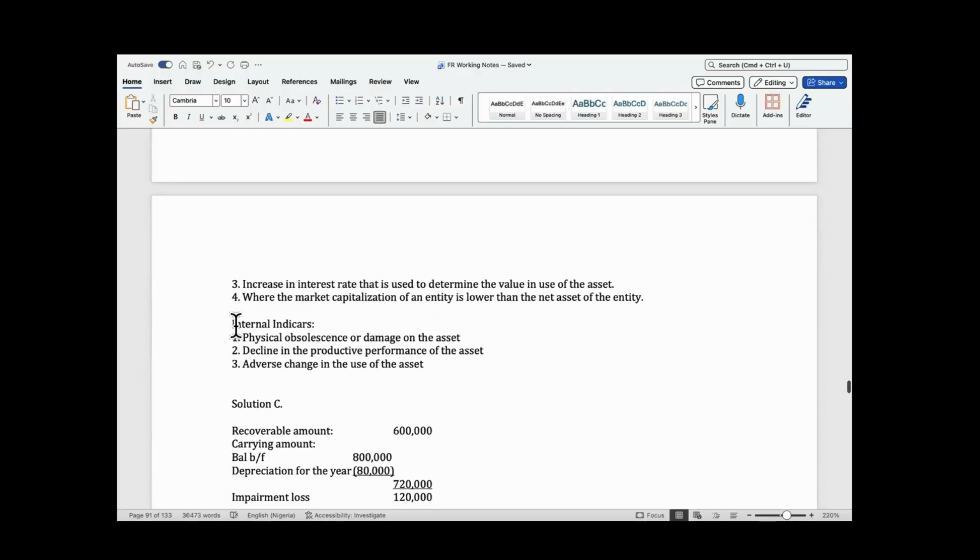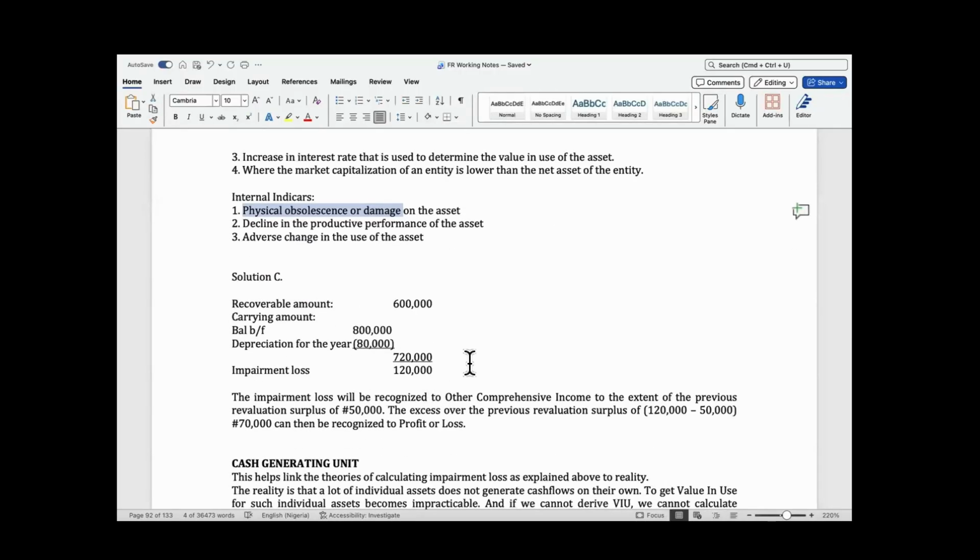And when you look at the internal indicators, we're talking about physical obsolescence or damage, or an accident. It's more permanent. A decline in productive performance, an adverse change in the use of the asset, all of this can bring about a serious loss in the asset that is more permanent than mere temporary changes in value. So that's really much of it around impairment loss.